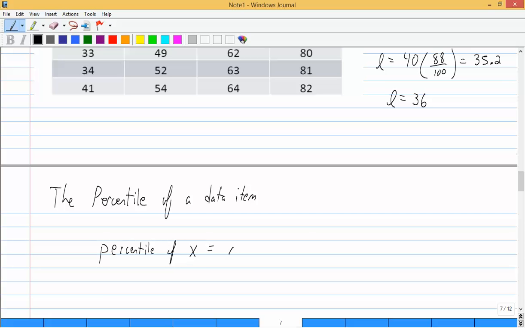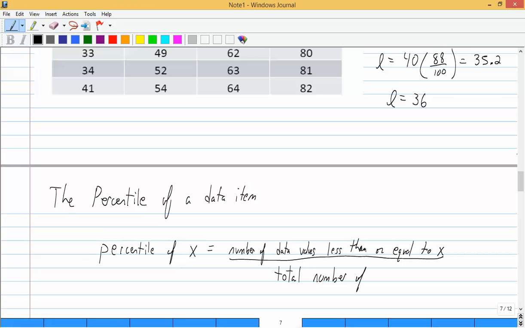That's going to be equal to the number of data values less than or equal to x, divided by the total number of data values, times 100.